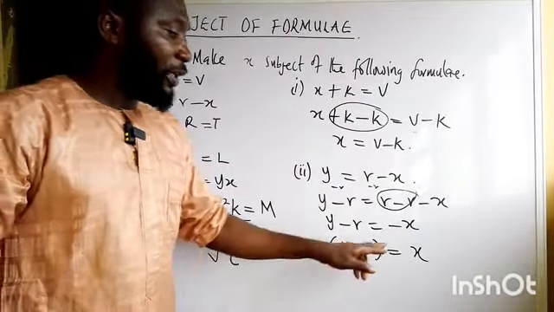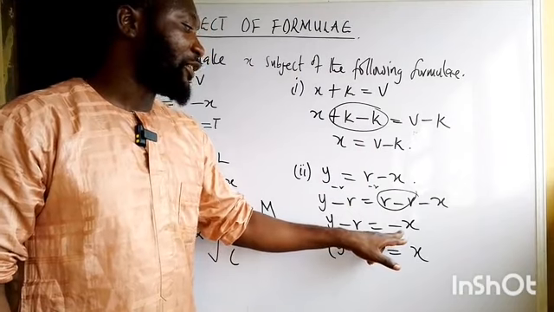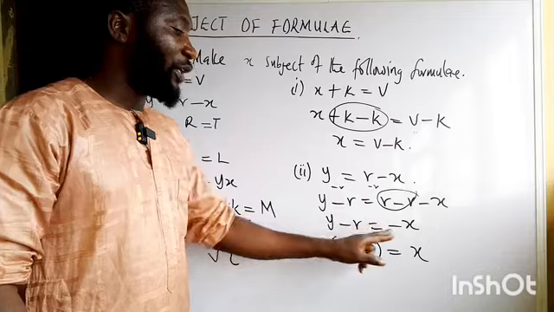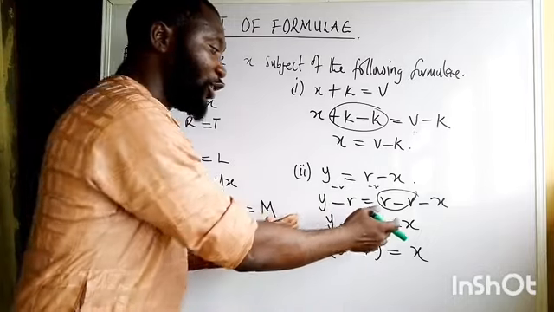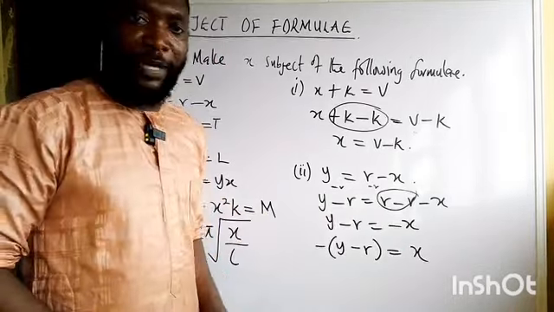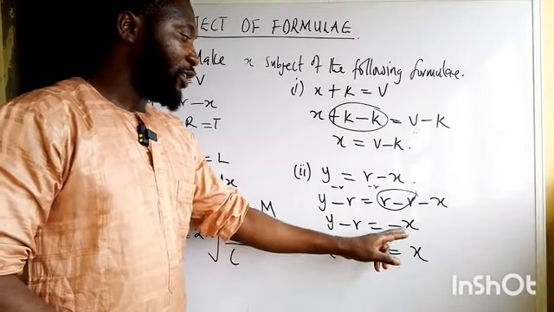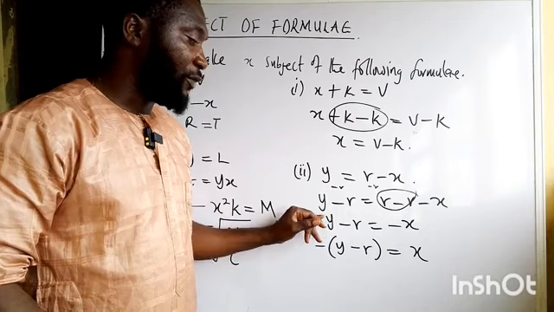Meaning we just transfer the negative sign to this side, but when you are transferring, you make sure that you multiply both sides by the negative sign. So the negative sign will now affect everything on the other side.